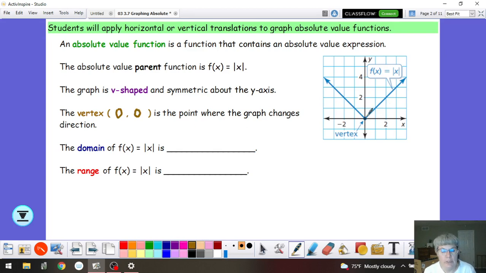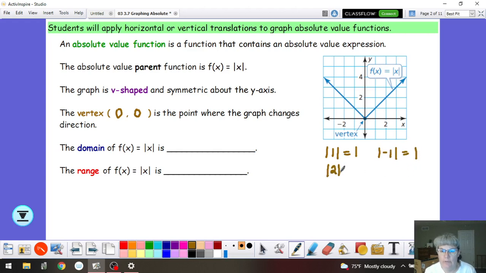Much like the vertex of the parent function y equals x squared. Now you'll notice that the slope on each side is a rise of 1 and then either moving to the right or to the left 1, depending on which side of the function you're looking at. If we think about why this is the case, the absolute value of 1 equals 1, and the absolute value of negative 1 also equals 1.